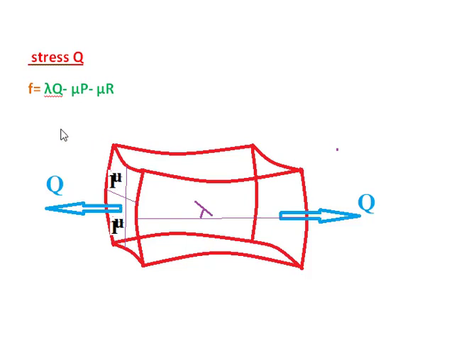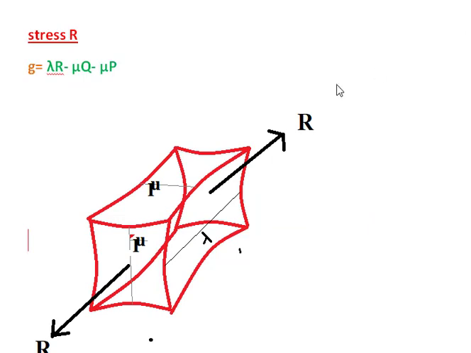So the equation after applying a stress Q is given by f is equal to lambda Q, expands, minus mu P in the P direction, and in the R direction minus mu R. In the same way, the stress, the force R is applied in the R direction.